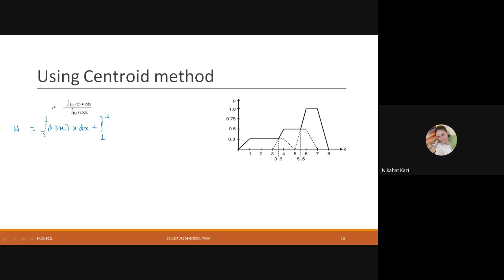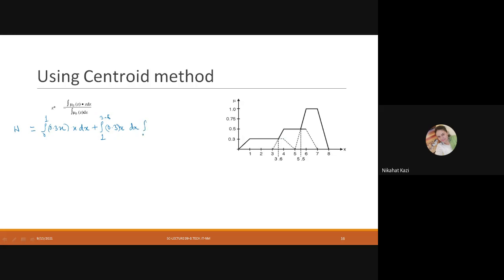It's a constant, 0.3. Only 0.3. Okay, 0.3 multiplied by x dx. It's a straight line.